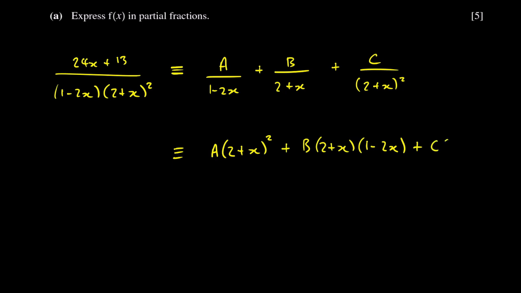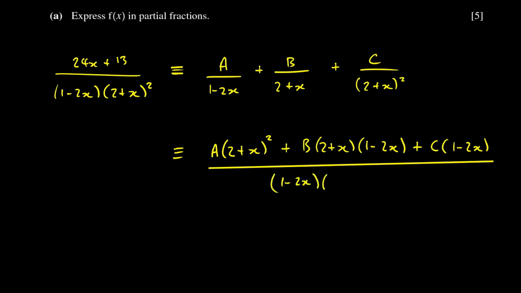So I get there c bracket 1 minus 2x. And this is all over the common denominator, therefore, which is 1 minus 2x times 2 plus x all squared, right? So that's going to be equal to 24x plus 13 over the same thing, which is 1 minus 2x, 2 plus x all squared.